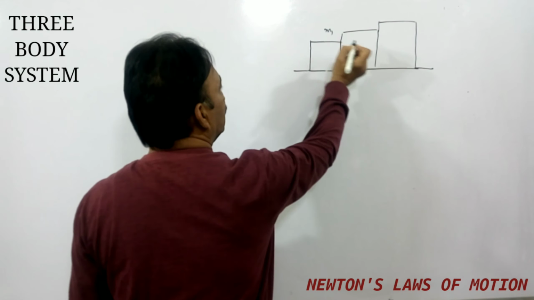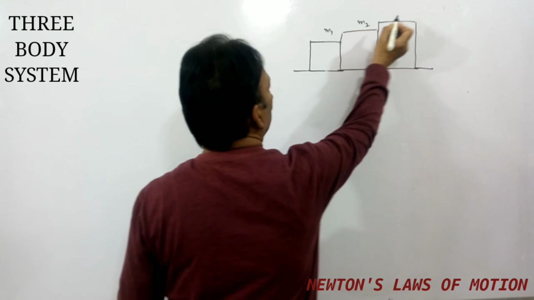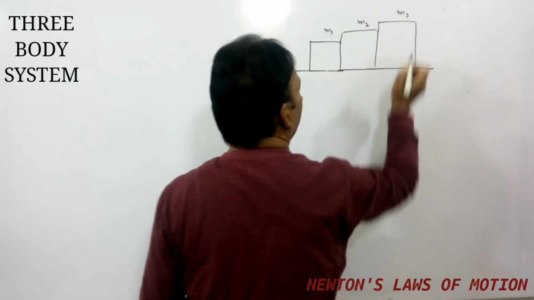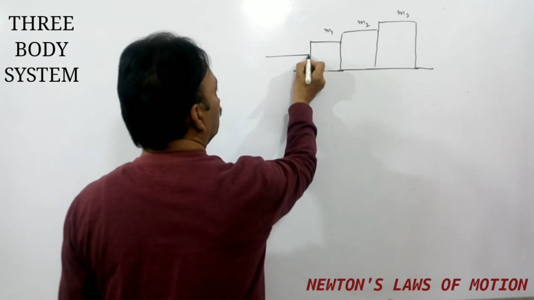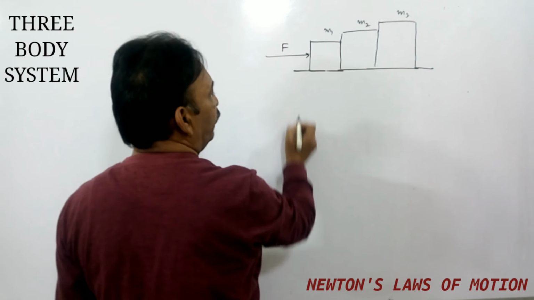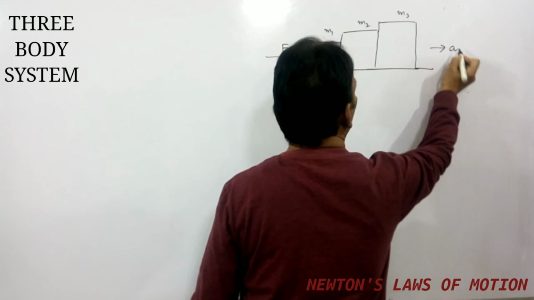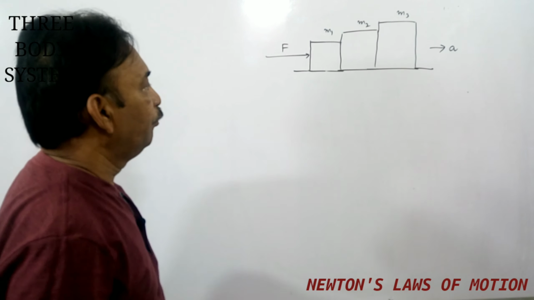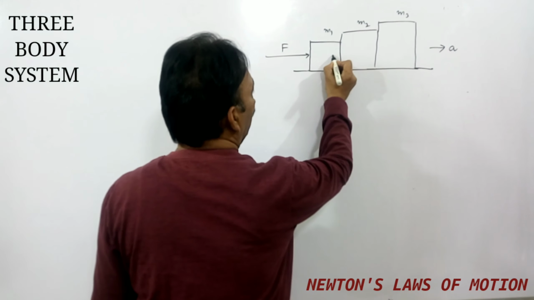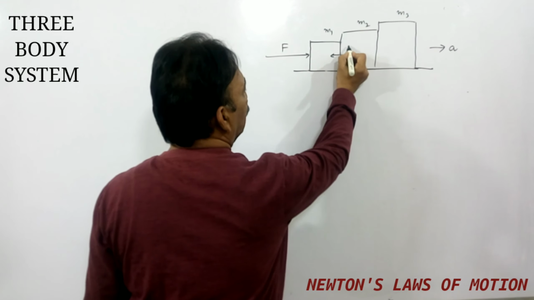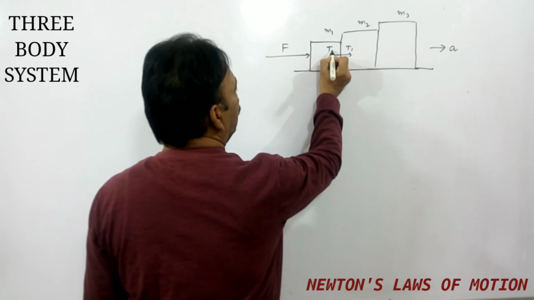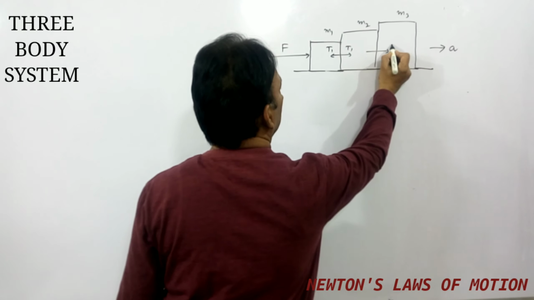Let them have masses m1, m2 and m3. An external force of magnitude F is applied, and the system tends to move with an acceleration A. As usual, we have to find out the contact forces T1 as well as T2 here.